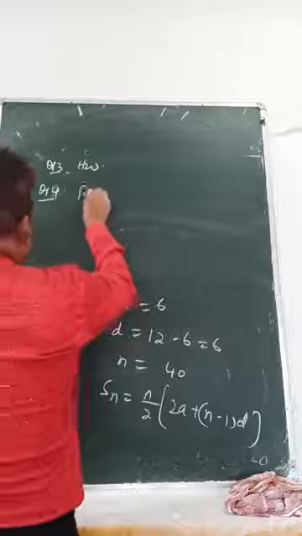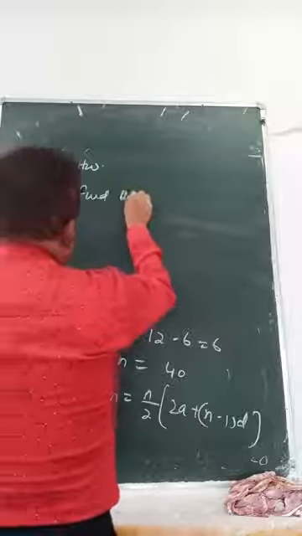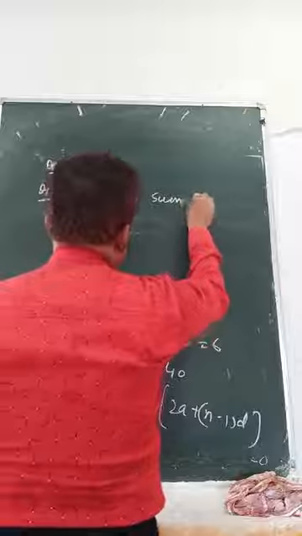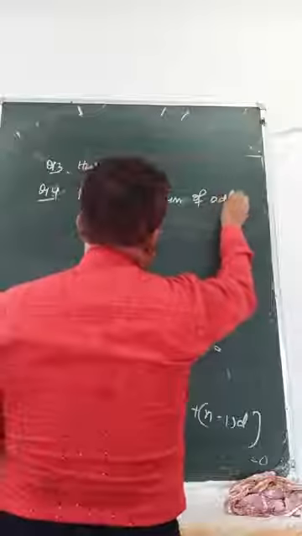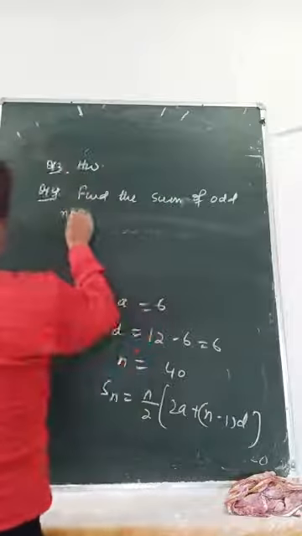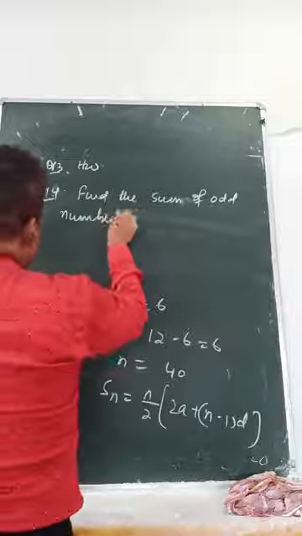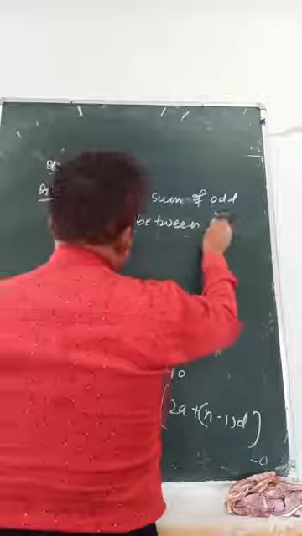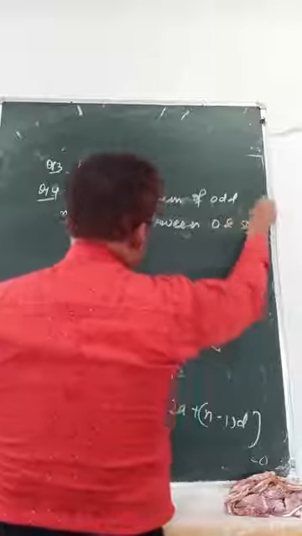14. Find the sum of odd numbers between 0 and 50.